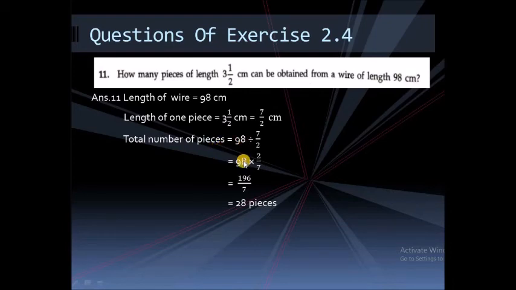So 98 as it is, in place of division I'll write multiplication, and the reciprocal of the second fraction will be 2 upon 7. Again the same process. In multiplication we multiply numerator with numerator and denominator with denominator. So I will get 196 upon 7, and when you divide 196 by 7 you will get 28 pieces as the answer.